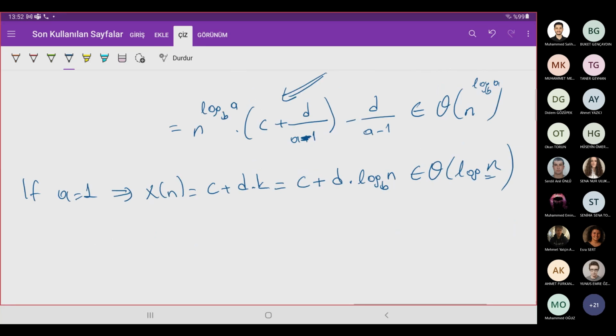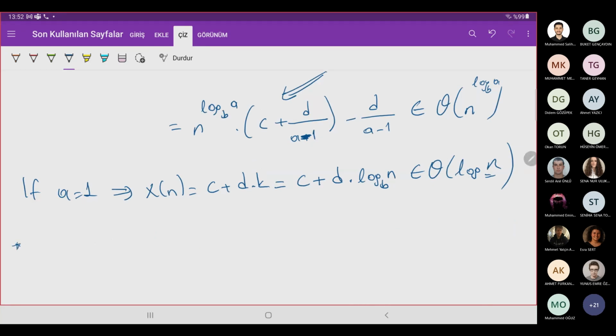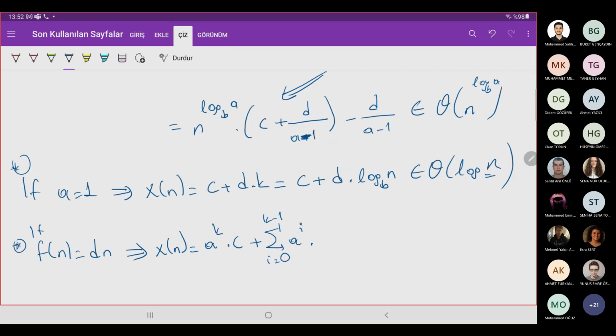Okay. So if f(n) is d times n, then x(n) is equal to a to the power k times c plus summation i from 0 to k minus 1 of a to the power i times d times n over b to the power i.